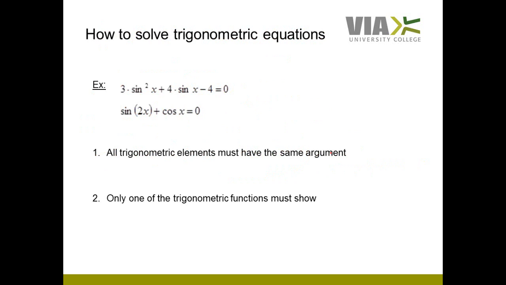So you have to look at the equation and see what operations I can make sure that we only have the same argument all over, and which operations I can use to make sure that only one of the trigonometric functions occurs, so I can get down to one of the trigonometric basic equations which I can solve. If you have any questions to the trigonometric basic equations, look into the videos cosine x equals a, sine x equals a, or tangent x equals a. Thank you for now.